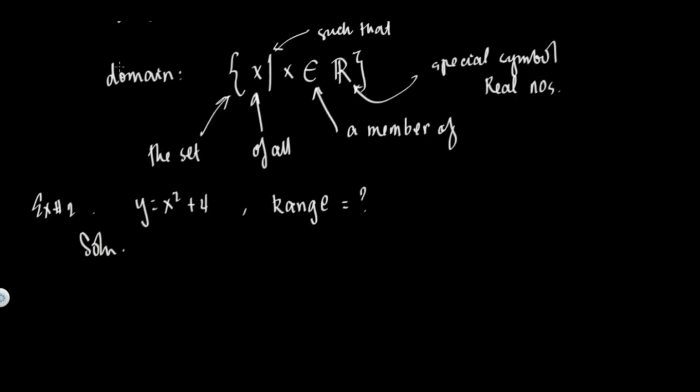in the first example, yung first step mo is to solve for y. So, in finding the range of the function, here, you will solve for x. Yun. Solve for x. So, y is equal to x squared plus 4.